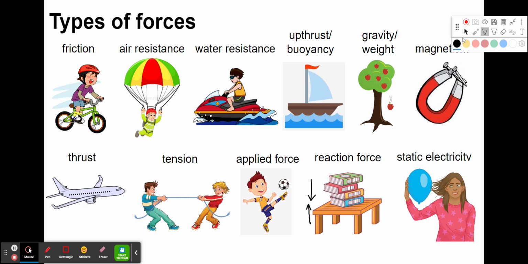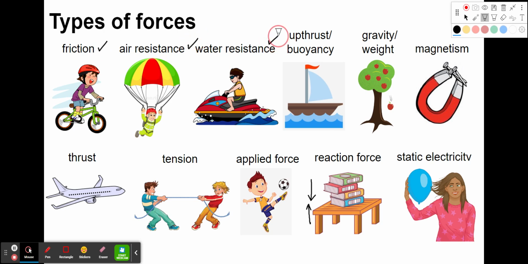Now, the majority of these forces that we've got here are contact forces. You have to be in contact with the object for the force to work or the force to be applied. So friction, air resistance, water resistance, upthrust, thrust, tension, applied force, and reaction force are all contact forces.